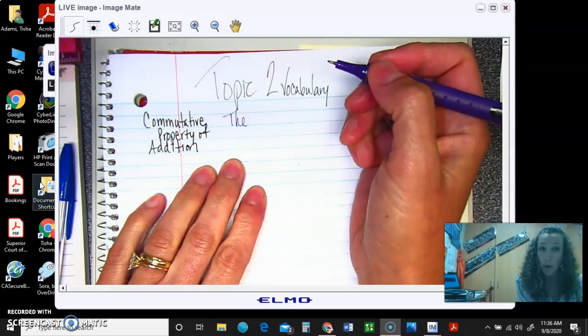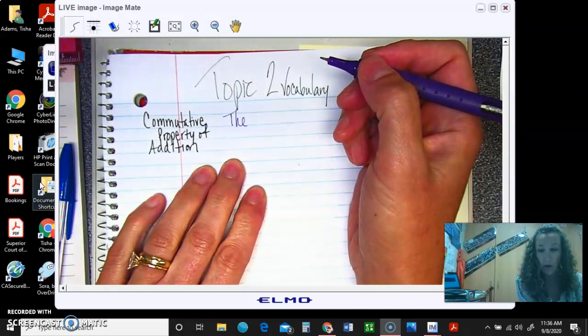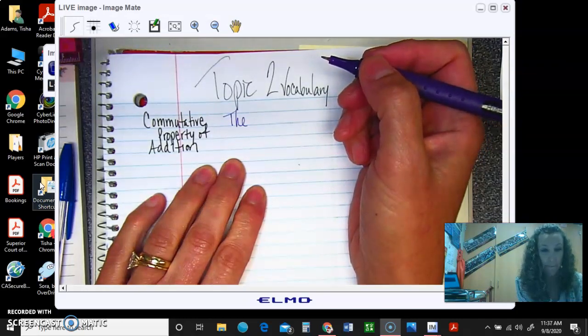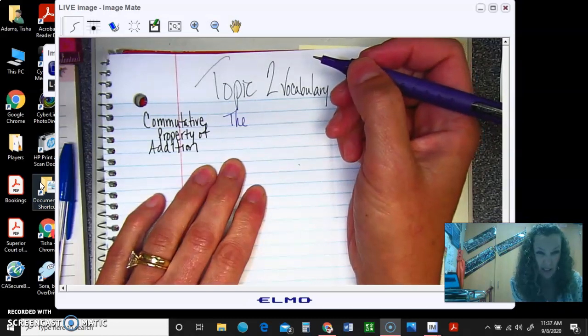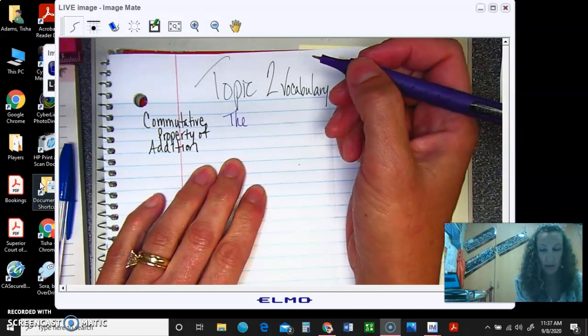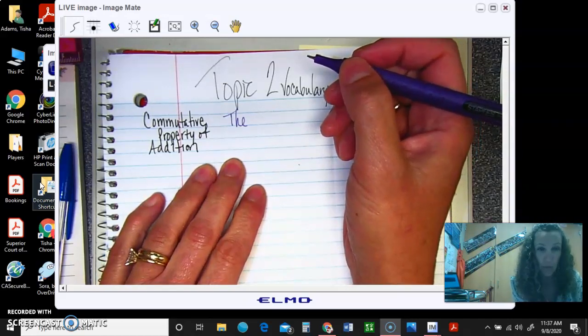So the commutative property of addition is the order of addends can be changed and the sum remains the same. Addends, the things that you're adding. The order doesn't matter because the answer, the sum, remains the same.